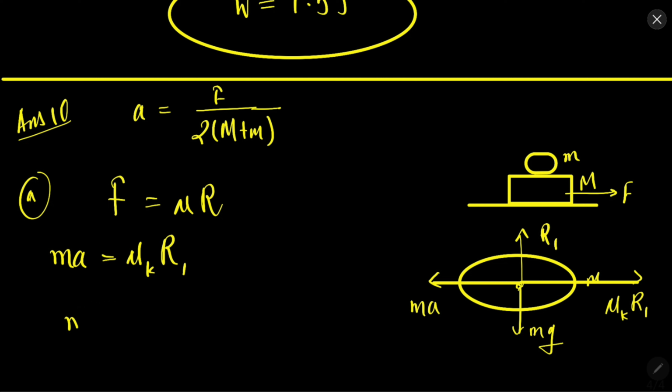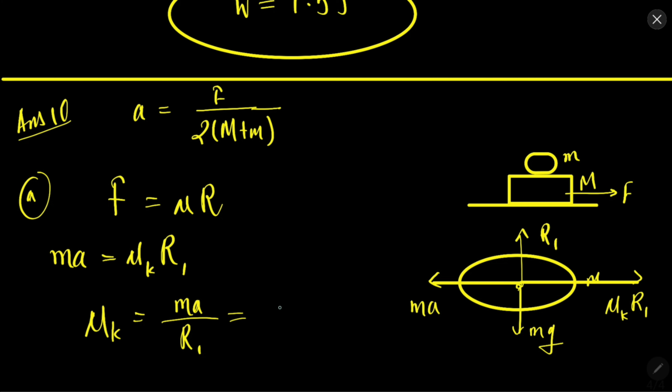So ma is equal to mu k R1, and we need to find mu k, so let's write in terms of mu k. So mu k is equal to ma upon R1.